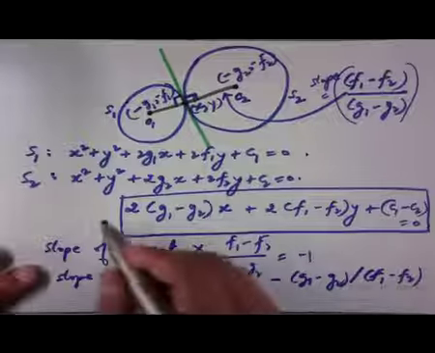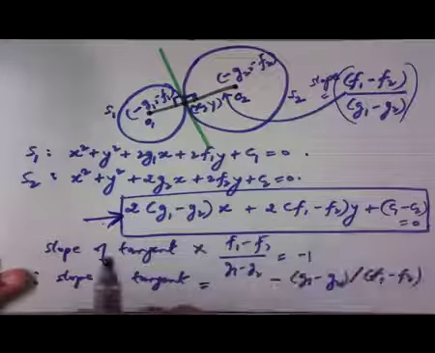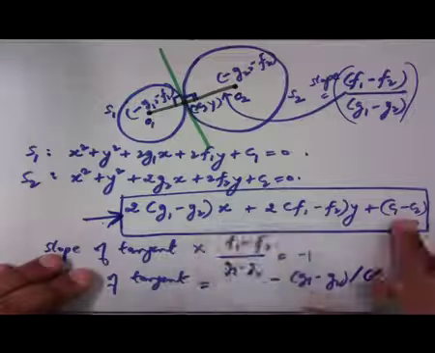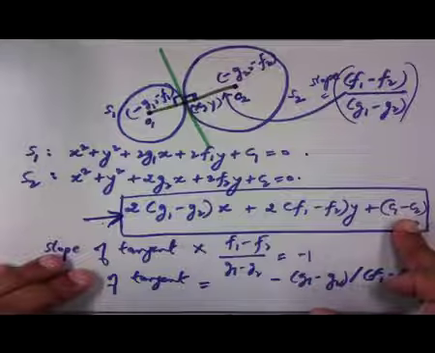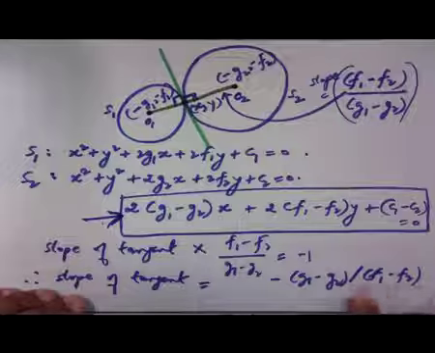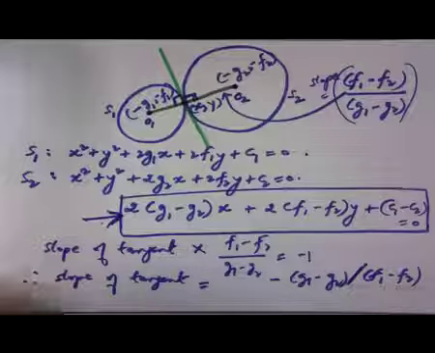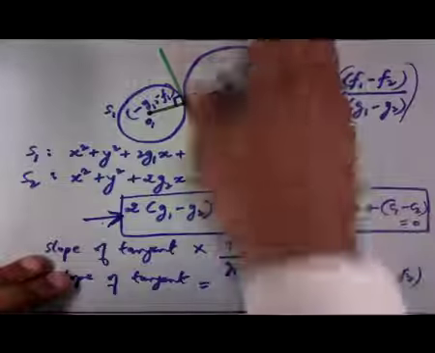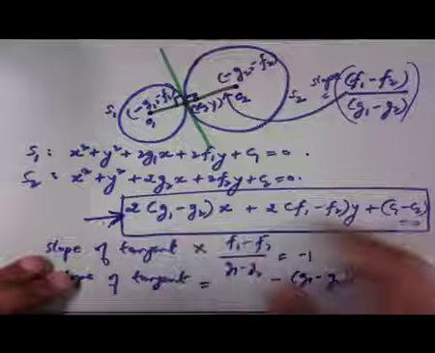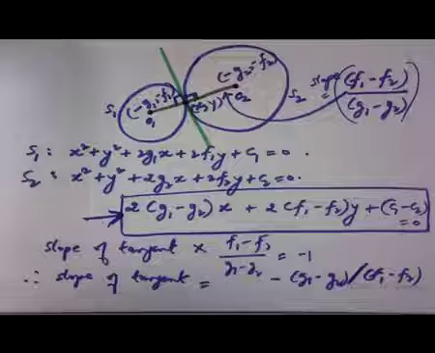Now, if we go back and see this line equation here, it is clear that the slope of this line is also equal to -(g1 - g2)/(f1 - f2), and this shows that the equation of the common tangent is nothing but this equation, which is basically the difference of the equations of the two circles.